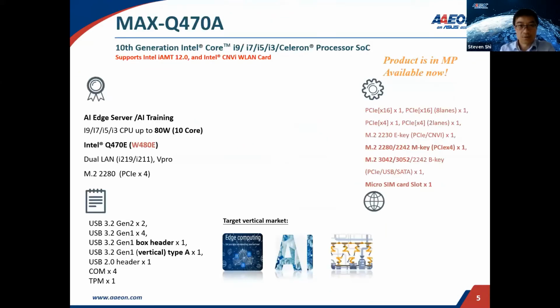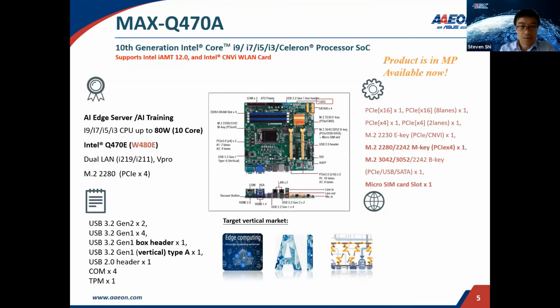Looking at the product, the one I would like to show here is the MAX-Q470. This product targets the AI inference and AI training market. It's not only because of the high performance processor, but also the sufficient expansion: the product offers two PCI Express x16 slots, which enable customers to use two graphics cards. But please note, when two cards are plugged in, there are only 8 lanes of PCI Express each.